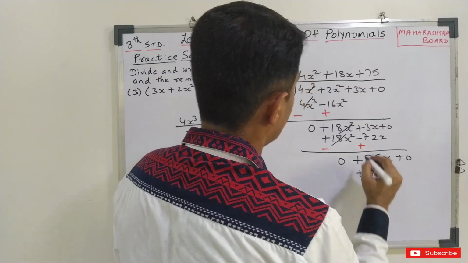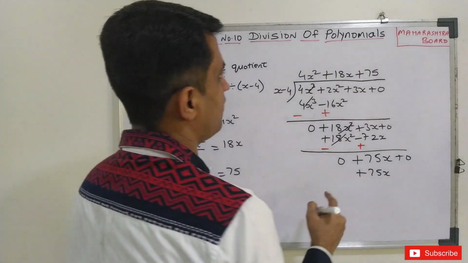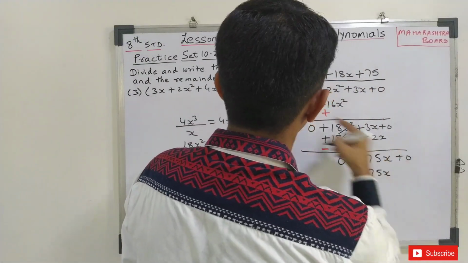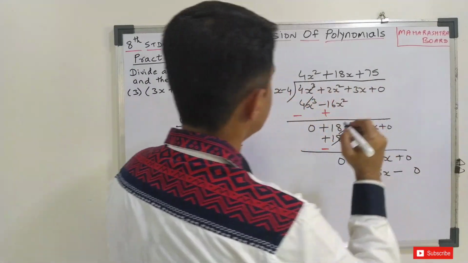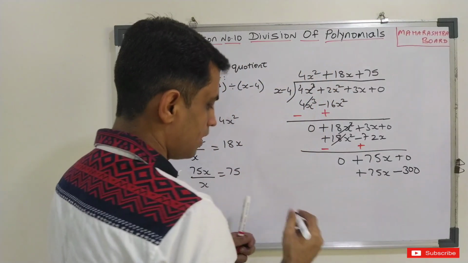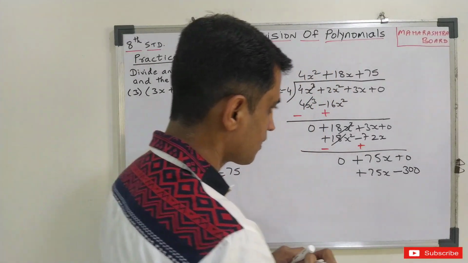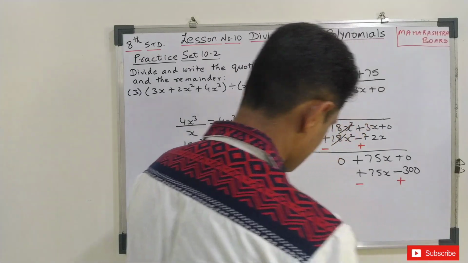That is plus. Minus 4 into 75. Minus 4 into 75, 5 4s are 20, 0, 7 4s are 28, 29, 30, 300. So again the sign will change. So you will get here minus and here you will get plus.